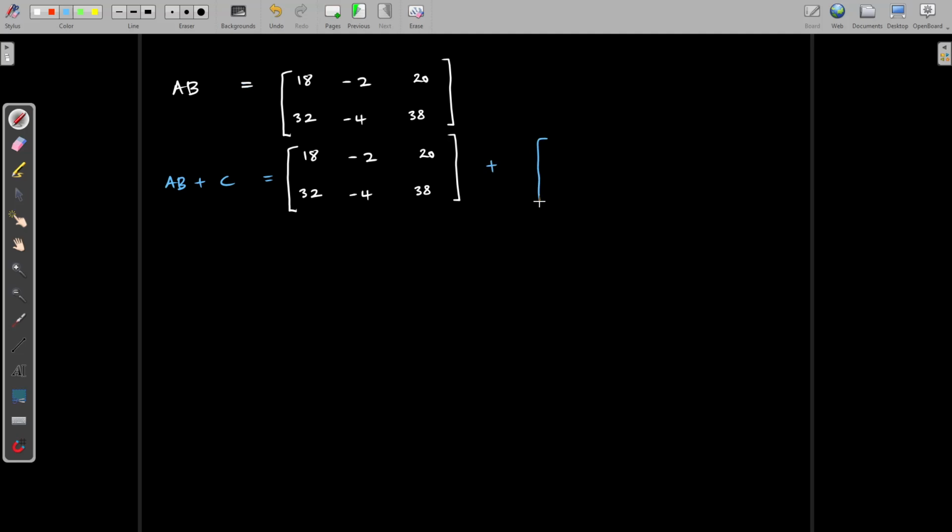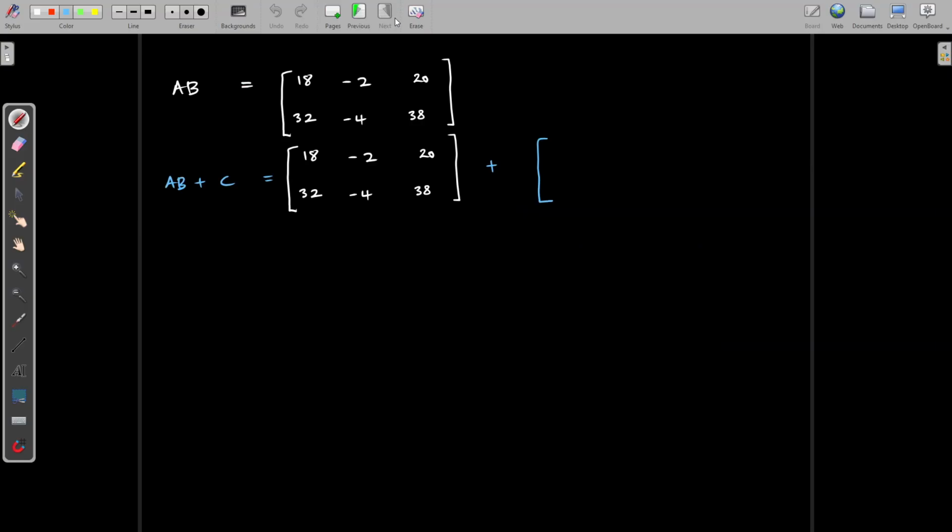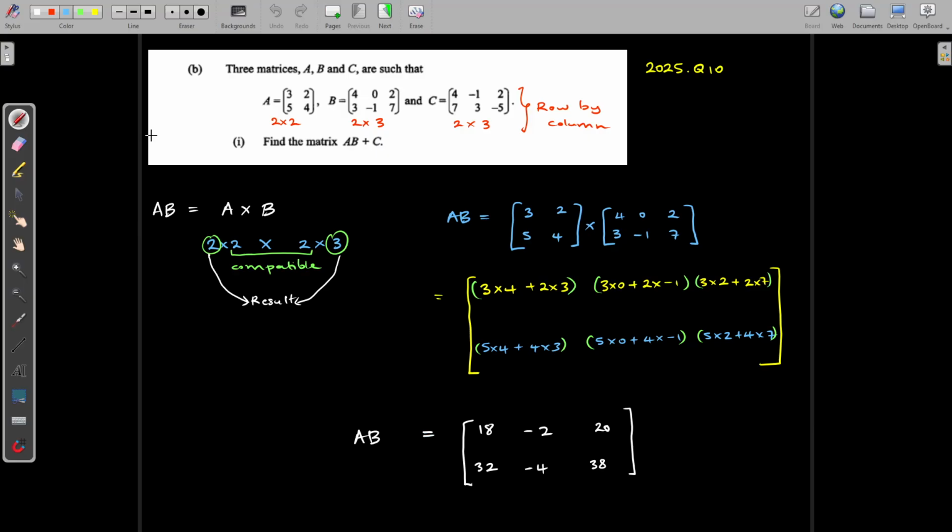Matrix C is 4, negative 1, 2, 7, 3, negative 5.